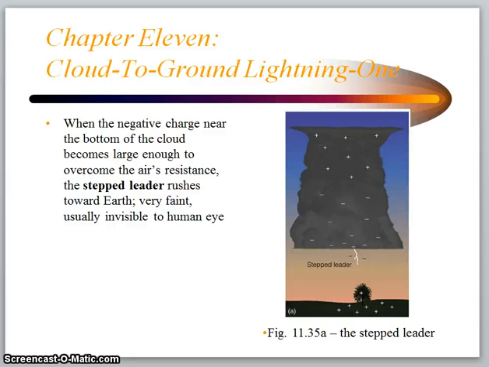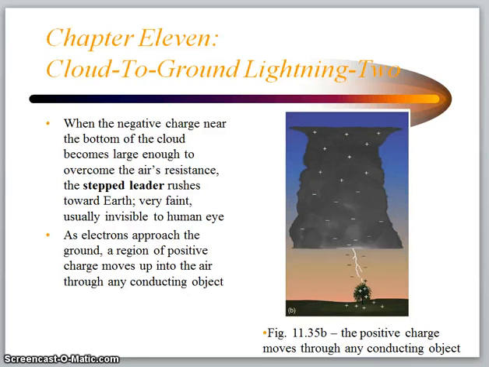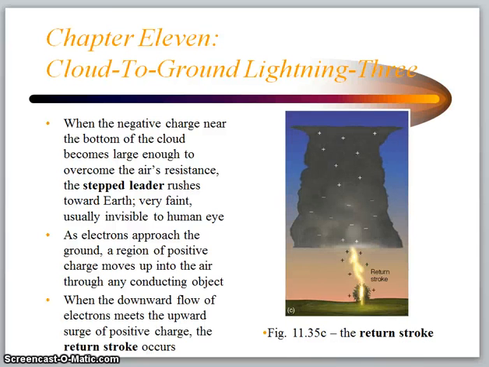When the negative charge near the bottom of the cloud becomes large enough to overcome the air's resistance, the stepped leader rushes toward the Earth. It's very faint, usually invisible to the human eye. You have to take video and slow it down to see it sometimes. Then after the stepped leader, as electrons approach the ground, a region of positive charge moves up into the air through any conducting object, and then you see perhaps a more visible manifestation of lightning.